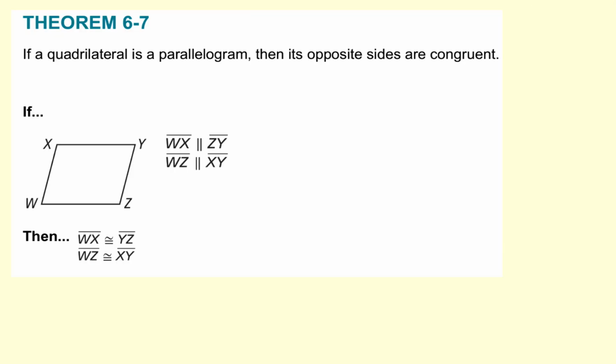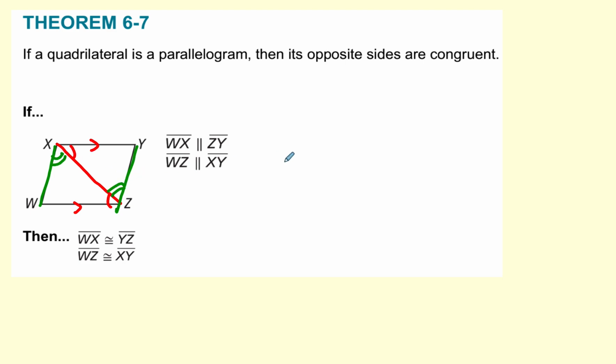Let's take a look at, again, drawing a diagonal. This will be our transversal for this line and this line. And so this angle will be congruent to this angle. And when I use my other parallel lines, this side and this side, then I'll know that these two angles are congruent.